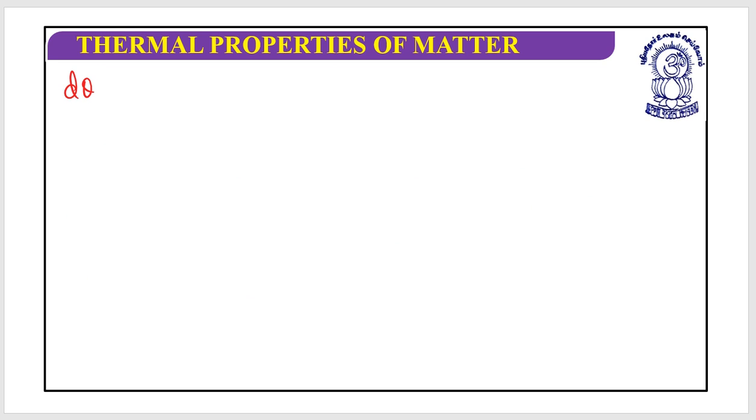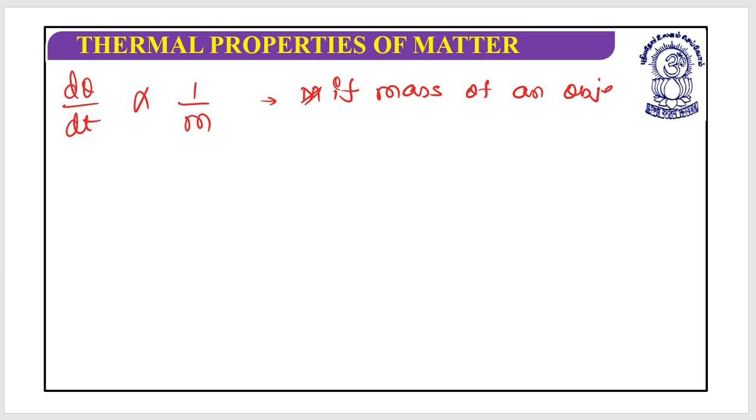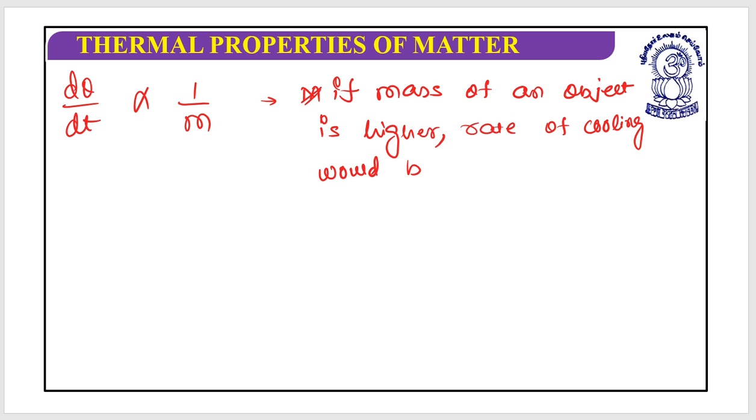Next, d theta by dt is inversely proportional to the mass. If mass of an object is higher, rate of cooling would be lower. Next, specific heat capacity, it's d theta by dt proportional to 1 by c.